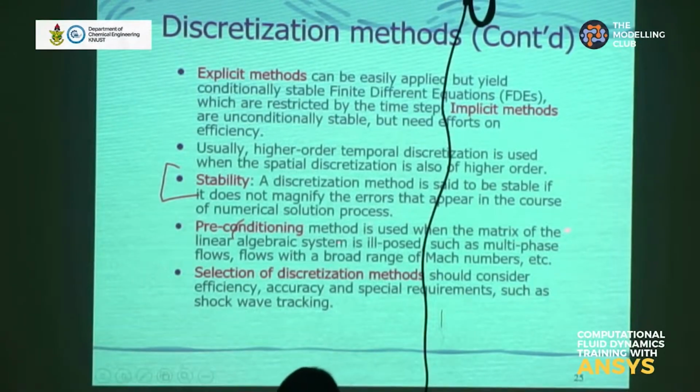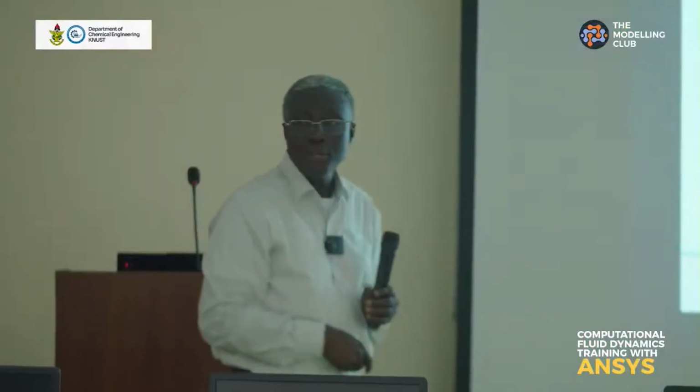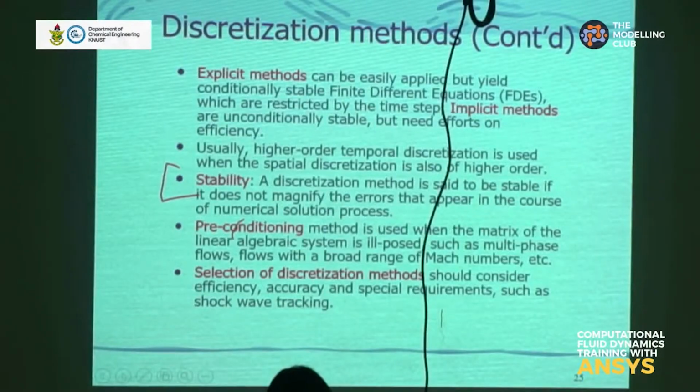But if you don't have a well-structured matrix, then you have to do some preconditioning, and that is a numerical trick that you have to do. Here it's saying that this preconditioning is required particularly when you have multi-phase flows and when you have problems that are compressible because of huge Mach numbers. How do we define Mach numbers?